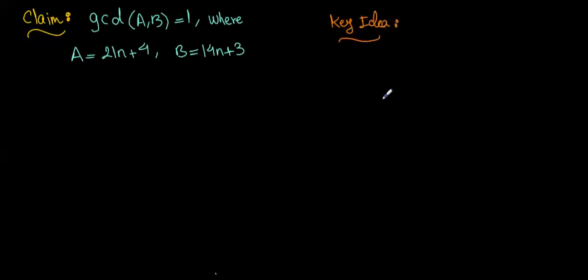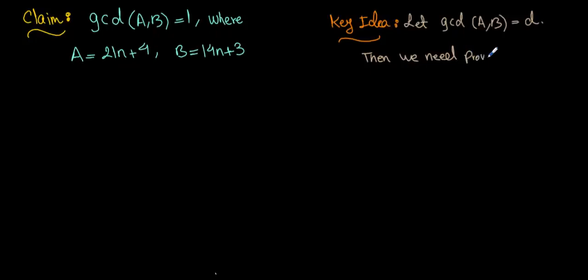first of all, we consider that the GCD of two positive integers a and b is equal to d, then we need to prove that d divides 1.